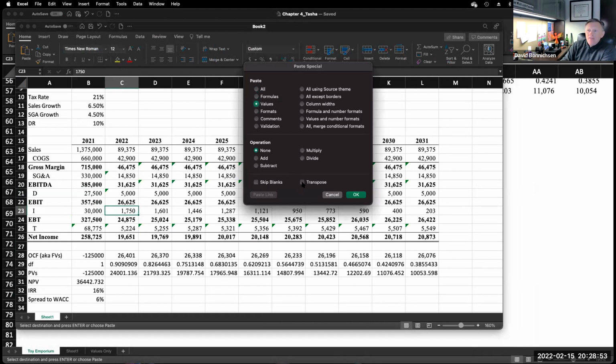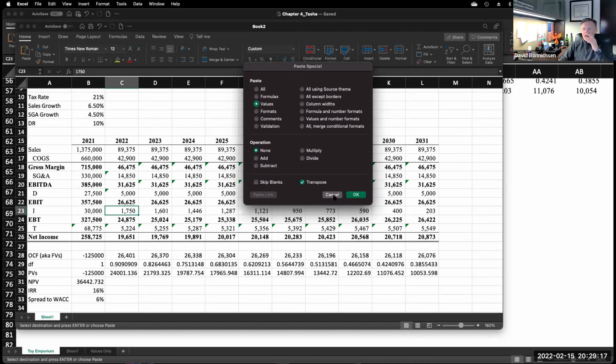Values. And then this is what you have to click, transpose. So transpose will take something that's in a column and convert it to a row, or vice versa. I could take a row and convert it to a column by simply selecting the transpose.